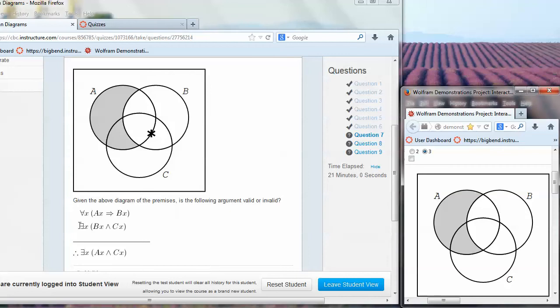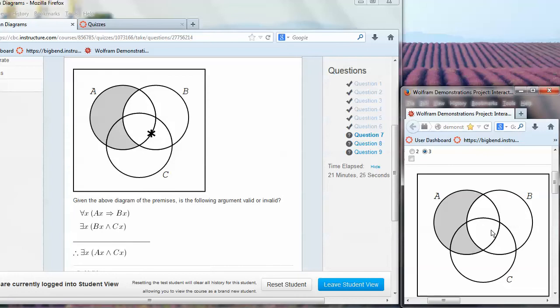So now the second premise has this existential quantifier here. Right, so instead of shading something in, we're going to be putting a star somewhere. So this says there's something that's both a B and a C. Right? There's some x such that Bx is true and Cx is true. So something's in the B circle and the C circle. So we need to put a star somewhere that's both in the B circle and in the C circle.